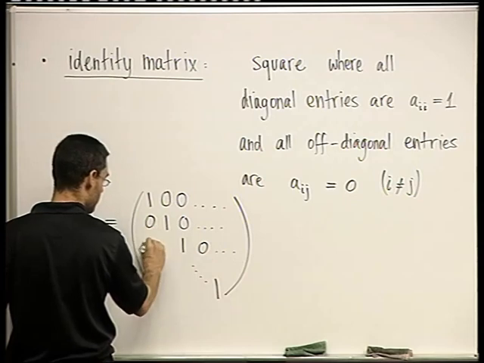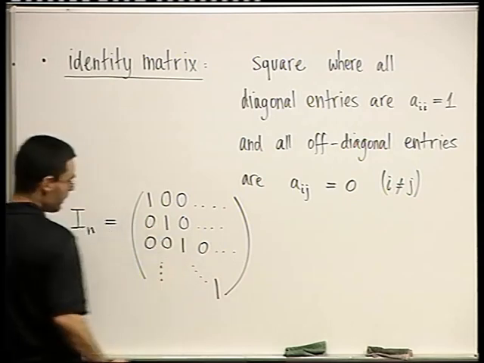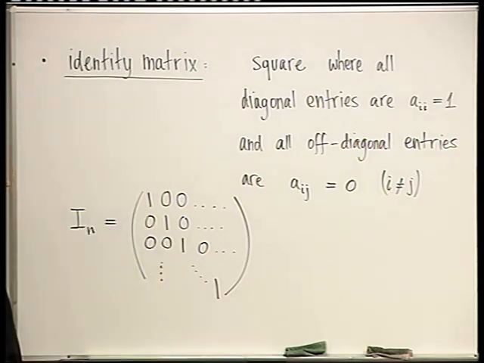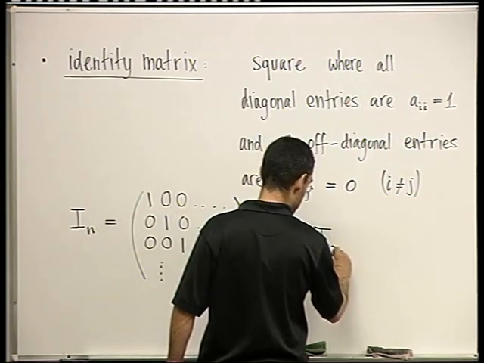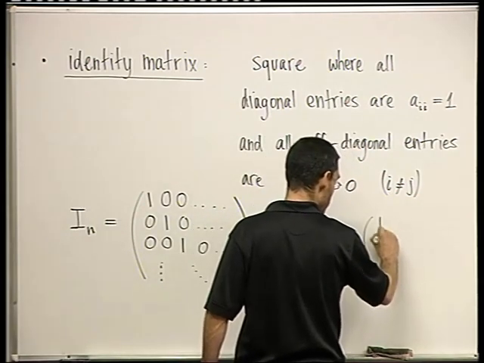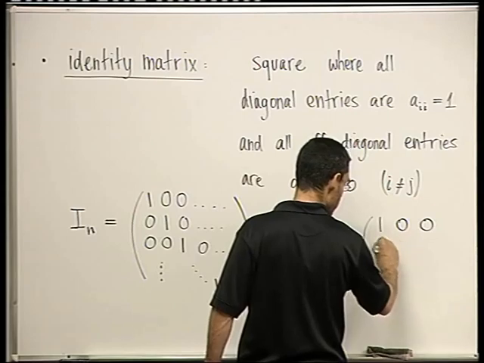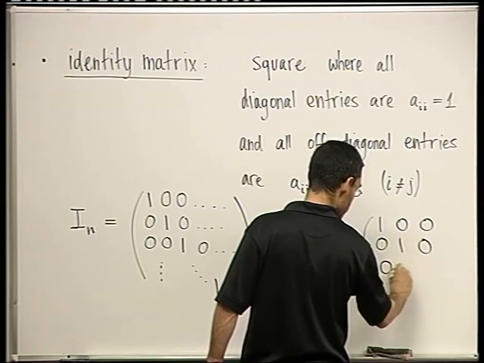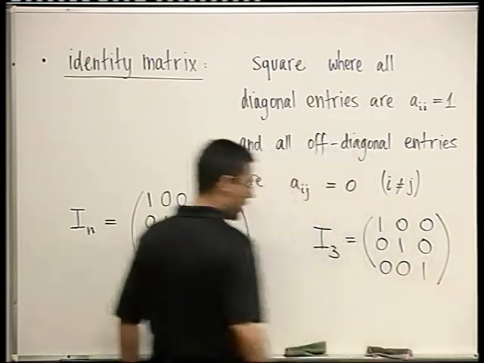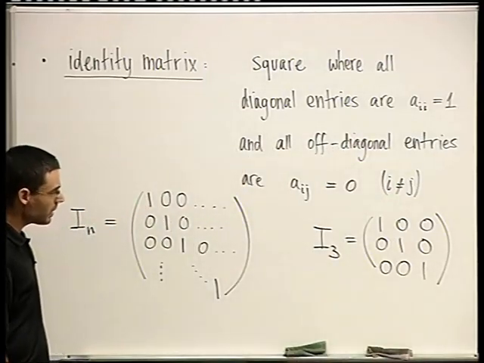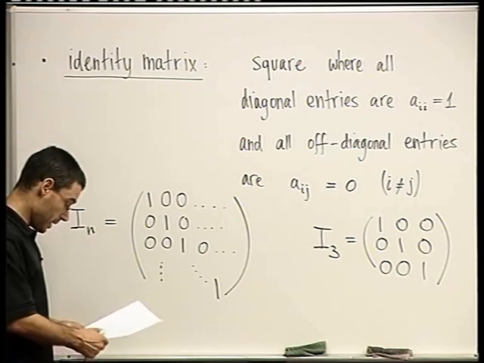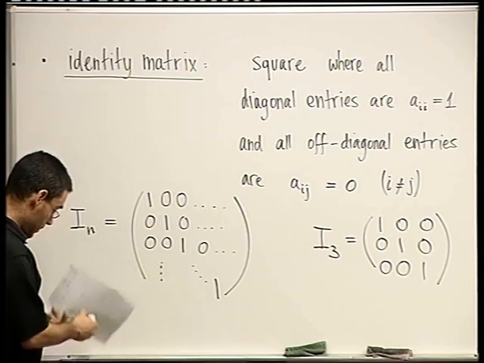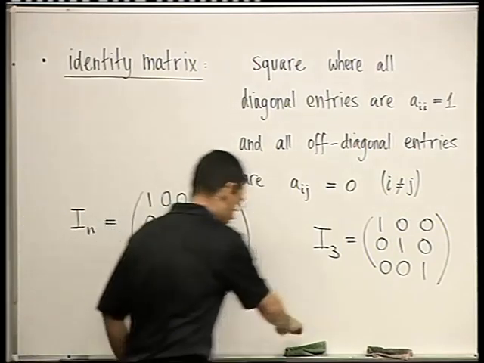That might even get confusing. In particular, let's say I3 is the matrix 1, 0, 0, 0, 1, 0, 0, 0, 1. It's a 3 by 3 matrix with ones on the main diagonal and 0 elsewhere. So this is the notion of the identity matrix.